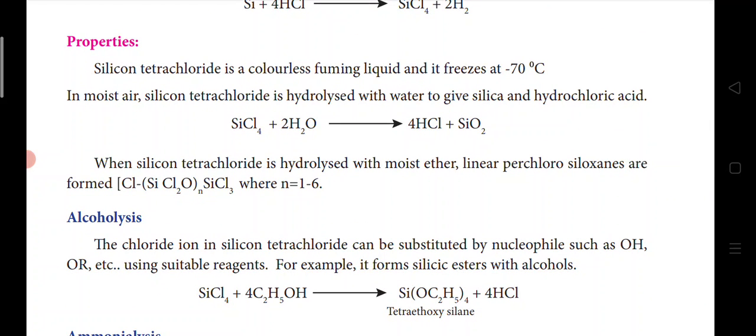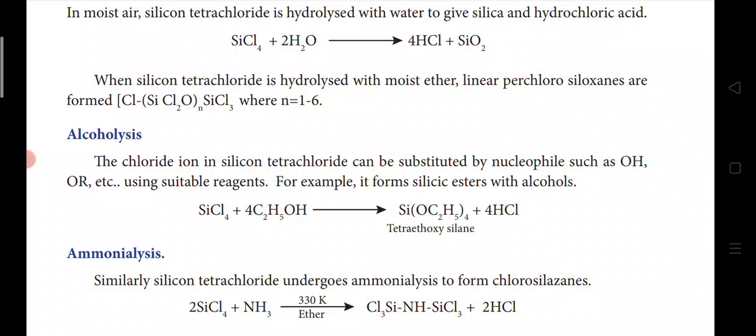When silicon tetrachloride is hydrolyzed with moist ether, linear perchlorosiloxanes are formed. So these are the linear perchlorosiloxanes, that is, Cl(SiCl2)n SiCl3, where n will be 1 to 6. It is a chain.